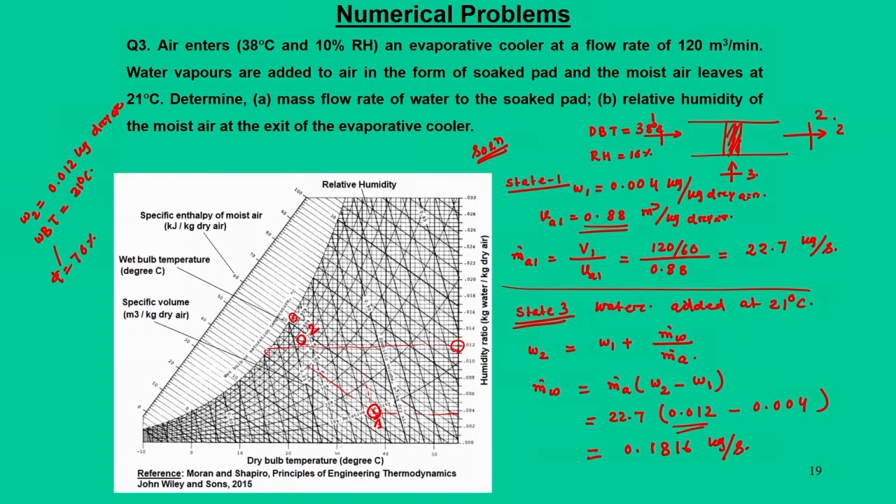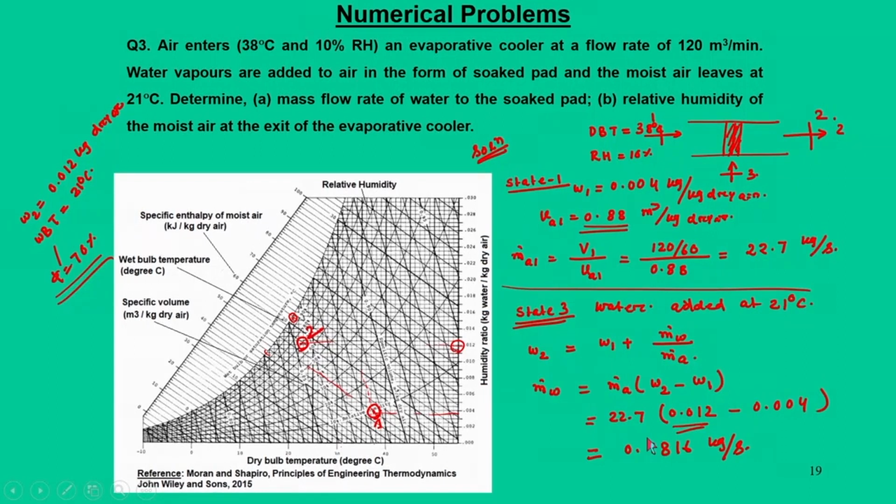So, state 2 will be here on the 0.012 line, phi would be 70%.